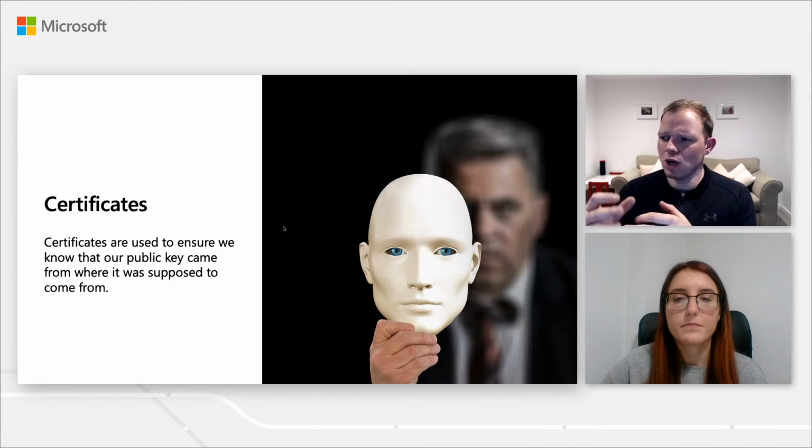And this works by using something called a certificate authority. Both parties, Christina and I, would agree to use the same certificate authority. Christina would send her certificate and her public key to me, and then I would check with my certificate authority that this actually came from Christina and this is actually her certificate.